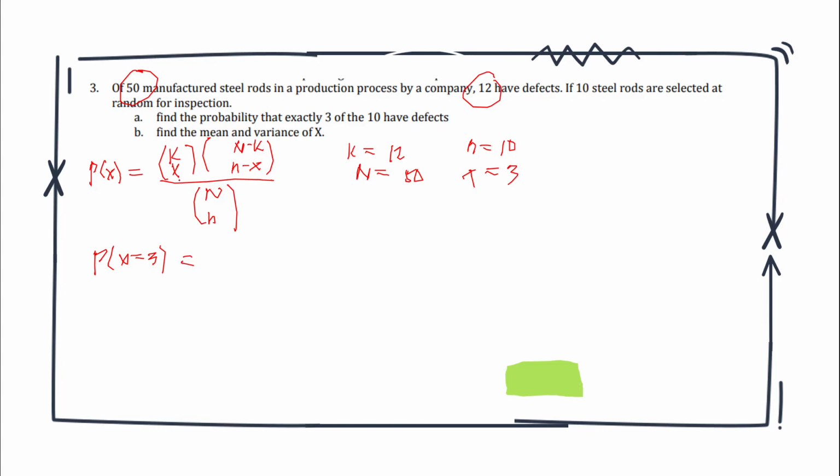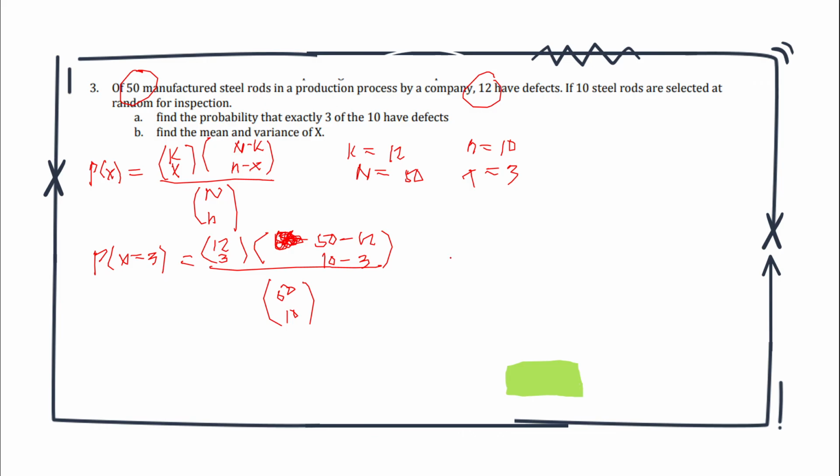By the use of this formula, k, 12 taken x, which is 3, times N minus k, 50 minus 12, taken n minus x, 10 minus 3, over N taken n, which is 50 taken 10.